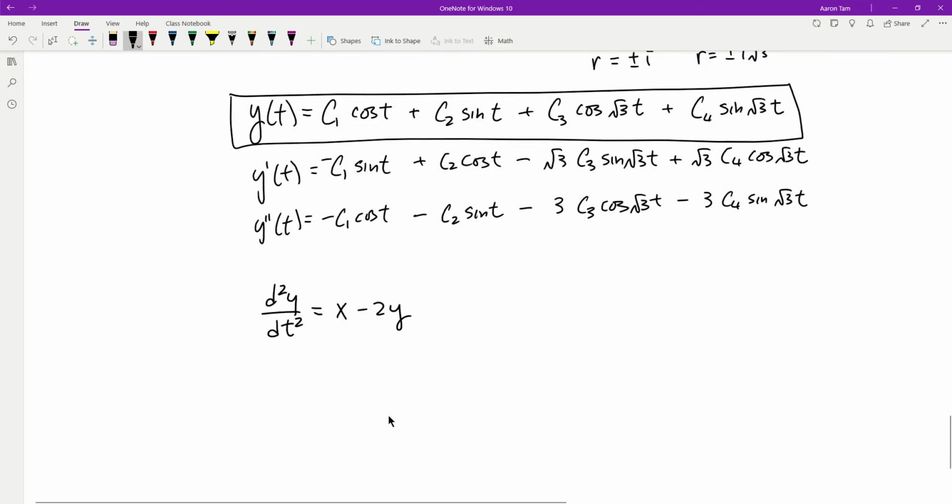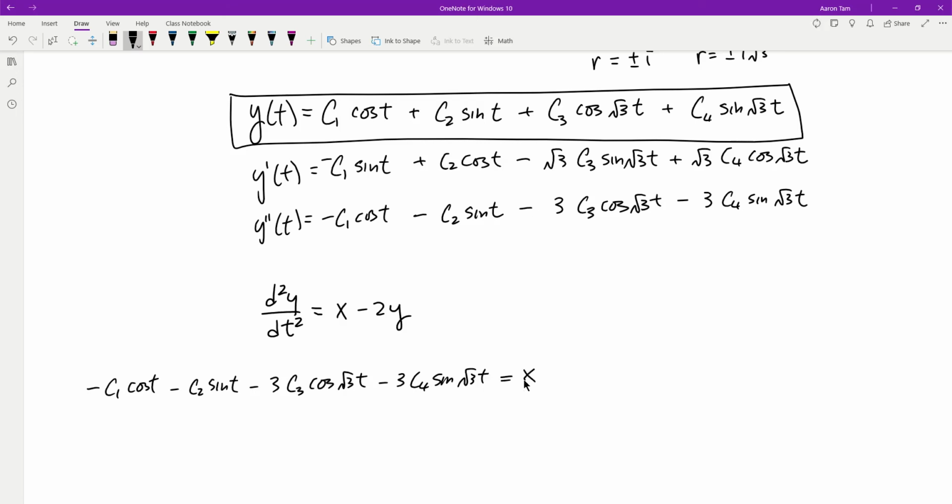So what I'm going to do is now I'm ready to write out my equation. So this basically tells me that negative c1 cosine t minus c2 sine t minus 3c3 cosine radical 3t minus 3c4 sine radical 3t is equal to x minus 2 times y.